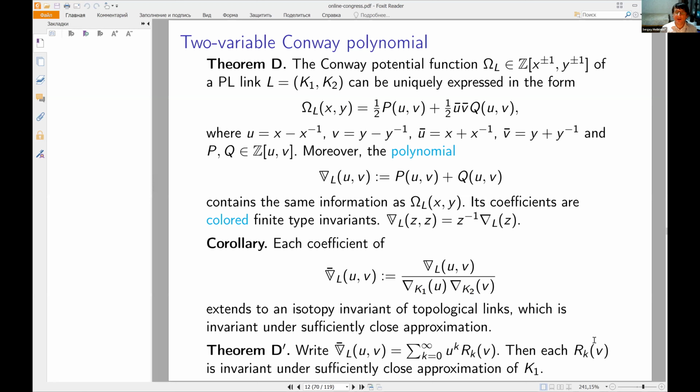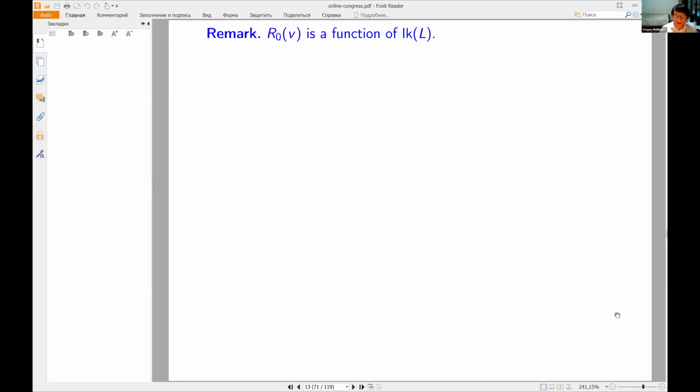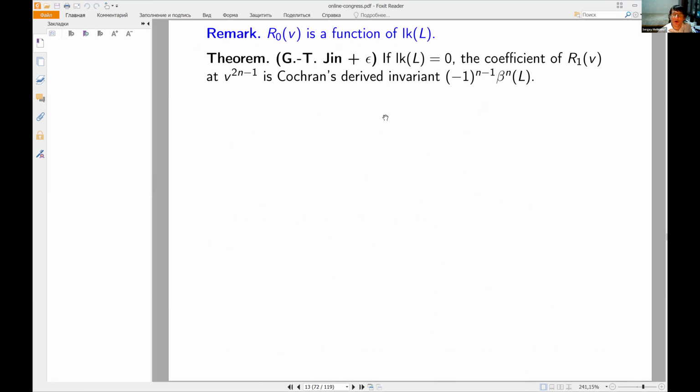All right, so these are the ingredients which I need, and now I can talk about wild links. Oh no, I need one more ingredient. If we look at this power series, the first one, R0, is just a function of the linking number.